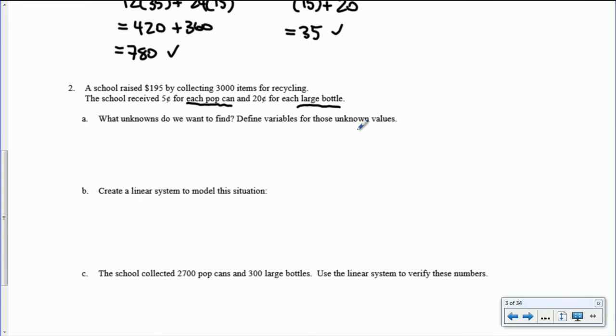So if we knew how many pop cans and how many large bottles we had, we'd be able to connect all these numbers together. So we could just pick a variable. We could let X be the number of pop cans, and maybe let Y be the number of large bottles.